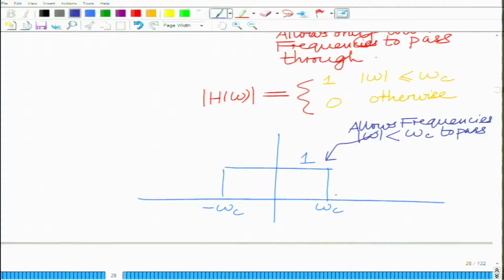So, this is the pass band and this blocks all frequencies in this range.